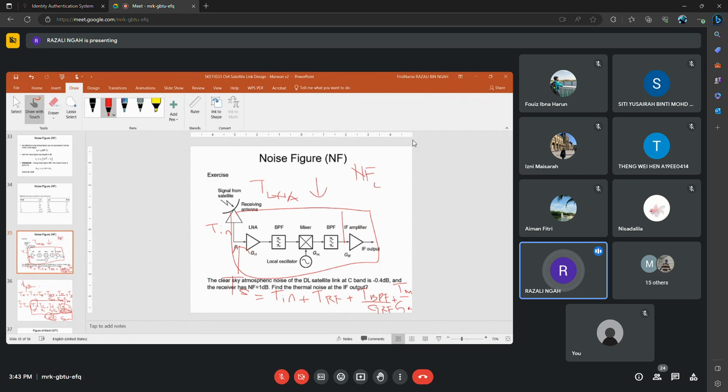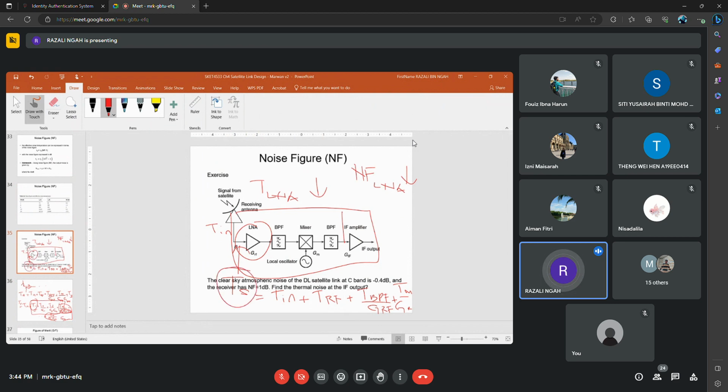The noise figure for a low noise amplifier is very low. So when we have a low noise temperature or noise figure for the first component, the overall noise temperature will be lower.